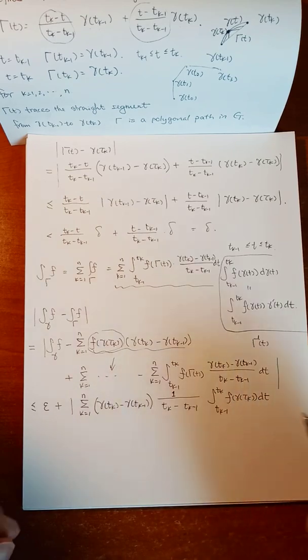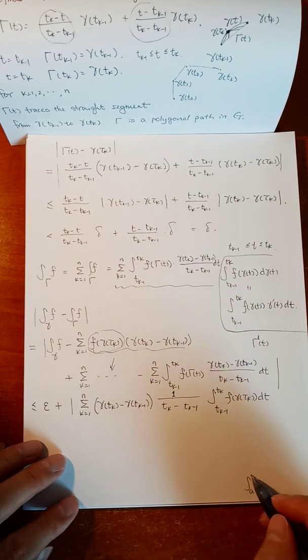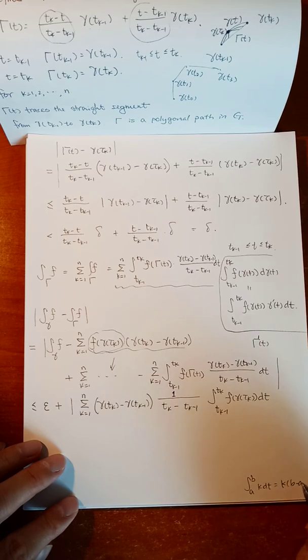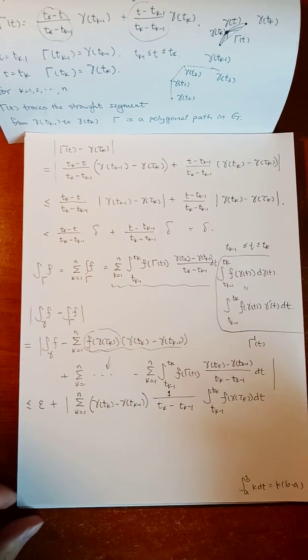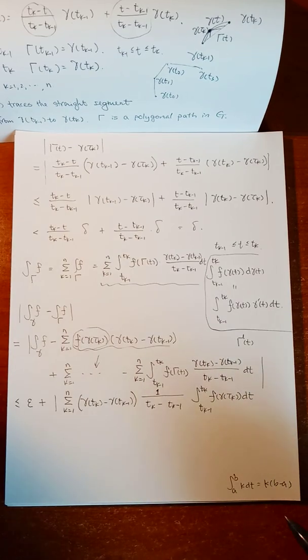Remember that the integral from a to b of k dt is k times b minus a. This multiplication by the difference is equal to the integral of a constant function.